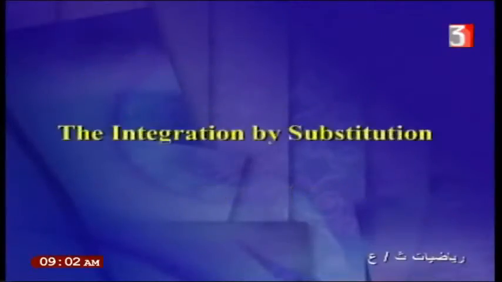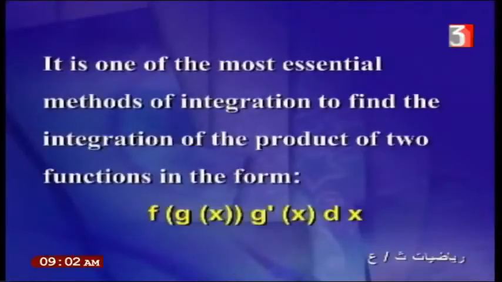Now, the integration by substitution. The integration by substitution is one of the most essential methods of integration to find the integration of the product of two functions in the form f of g of x times g dash x dx.